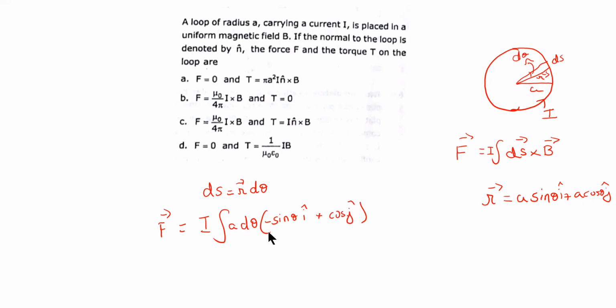So this is what I've written out here, nothing but ds cross product with B. On evaluating the cross product, we get the integral from 0 to 2 pi, since d theta is now going from 0 to 2 pi, of I a B cos theta d theta k vector, because i cross j is nothing but k. So we get k vector.